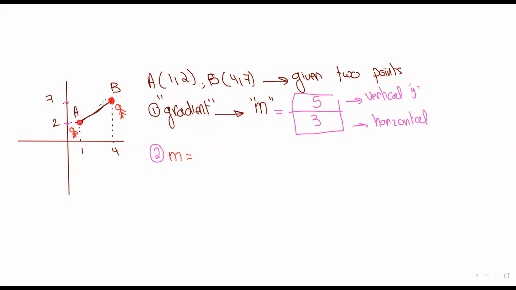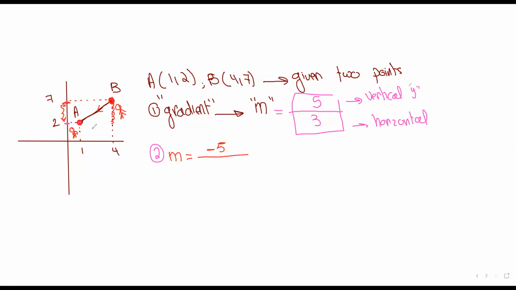So if I start from B to A, starting with the vertical motion, I'm at 7, and then I go down to 2, meaning I went down 5 steps. So it's negative 5. And then the horizontal motion.